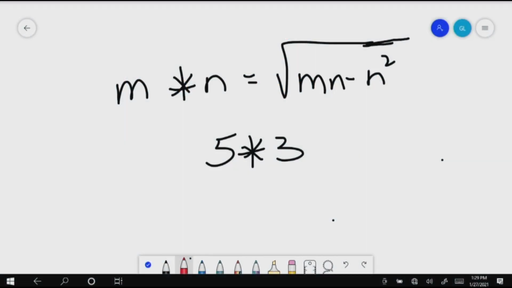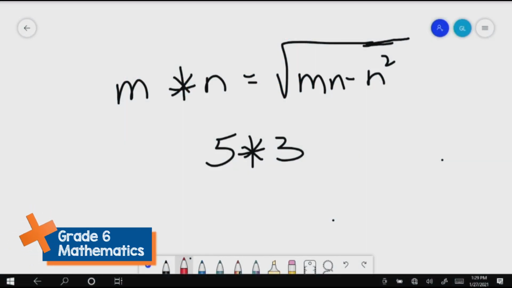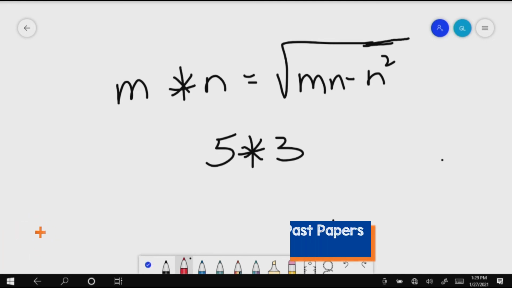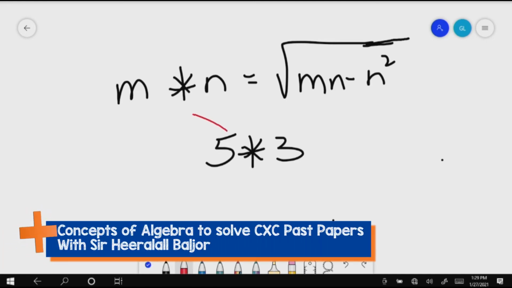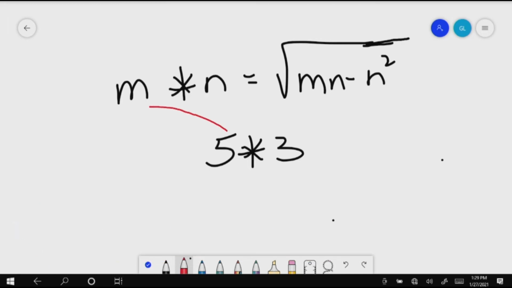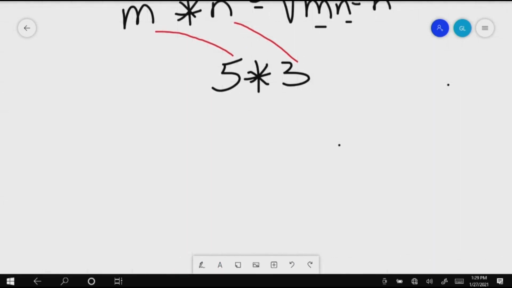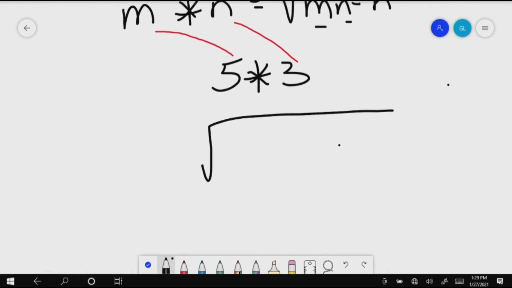In this concept of binary operation, it's the principle of direct substitution, meaning the value of m is replaced by 5 and the value of n is replaced by 3 in this case. So wherever we see m and n in the expression, we substitute correspondingly 5 and 3. So in substituting, we would have the square root of 5 times 3 minus 3 squared.